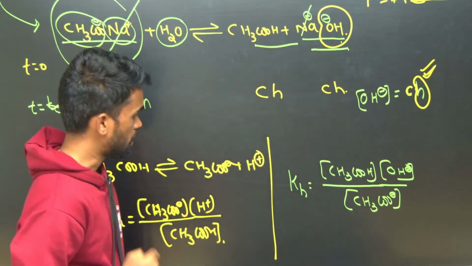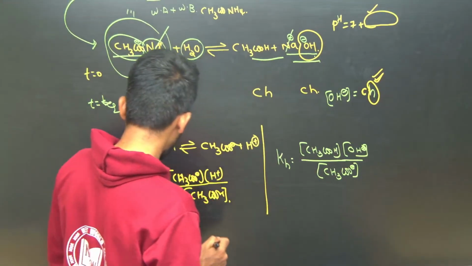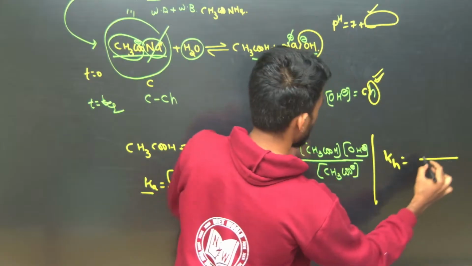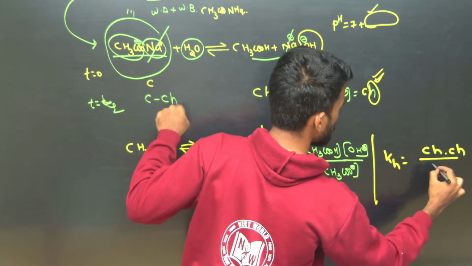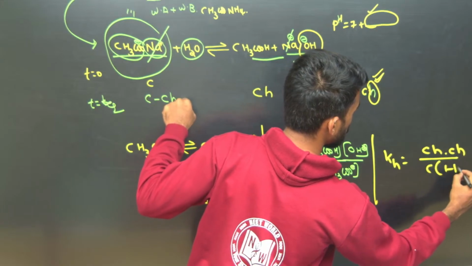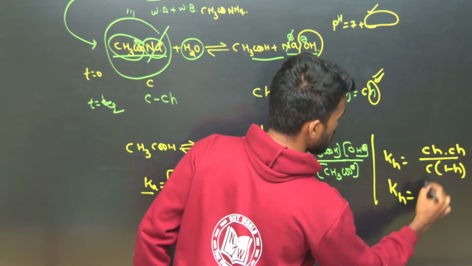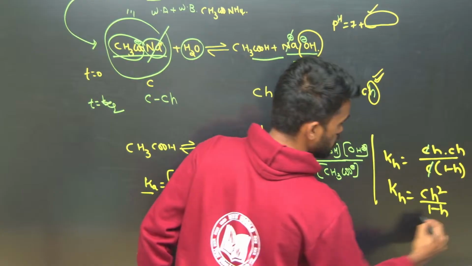That's it now. Right. So now if we want to substitute these values, what will you get here? Kh equals CH into CH by C minus CH, that is C into 1 minus H. H. So from this Kh will be CH square by 1 minus H.